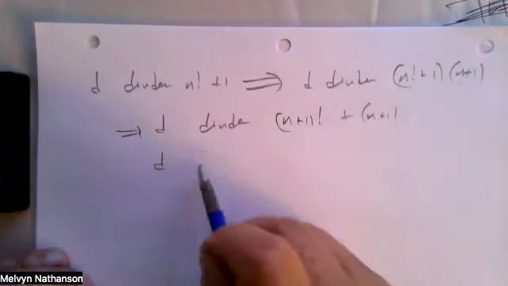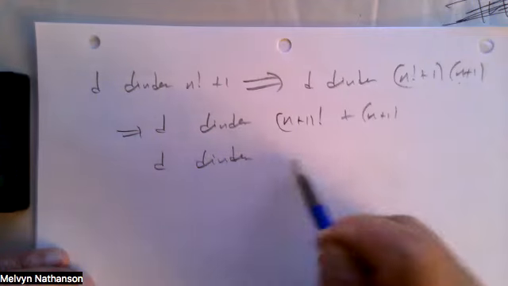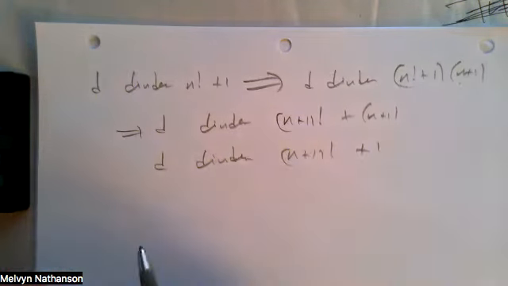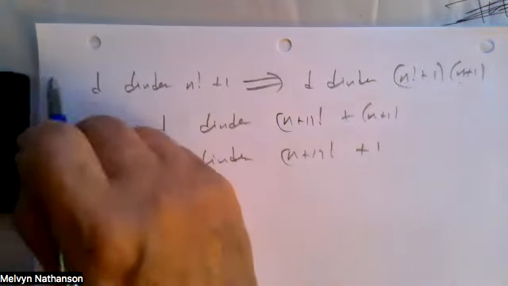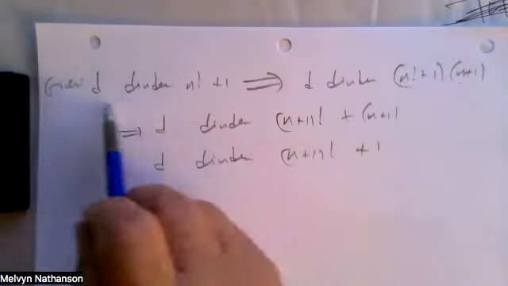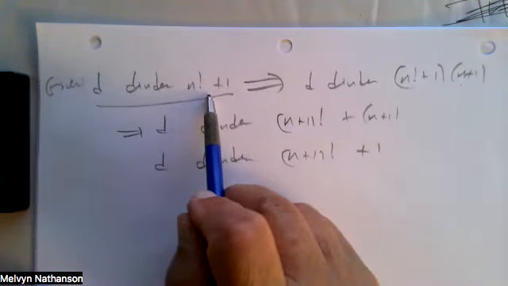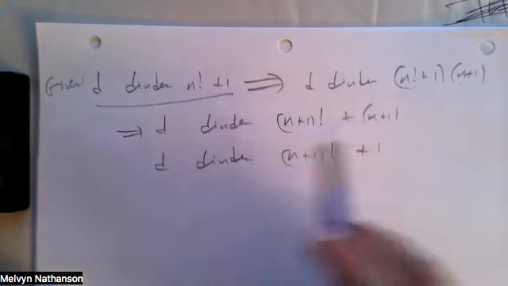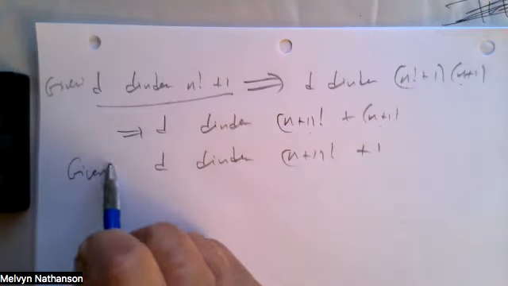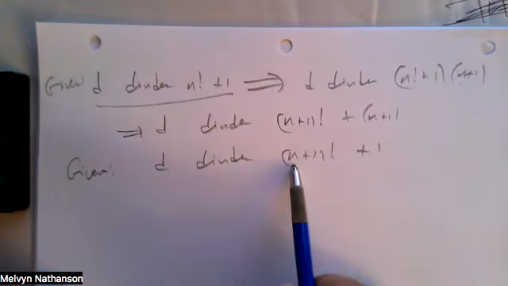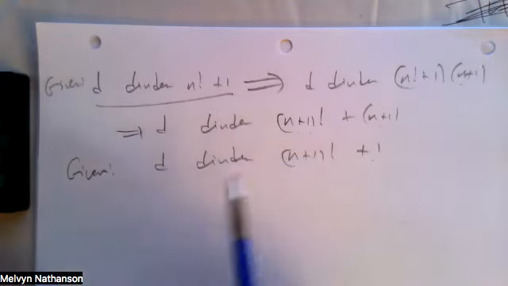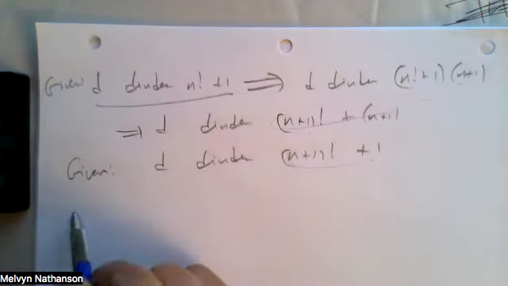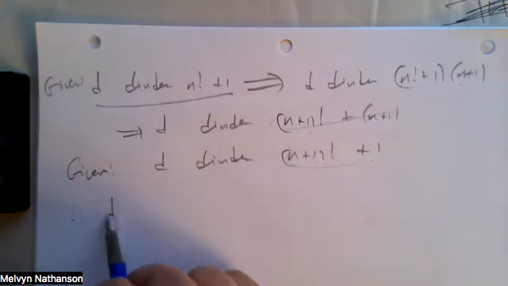But we also are told that D divides (n+1)! + 1. So this was given. D divides n! + 1, so it divides (n+1)! + n + 1. And it was also given that D divides (n+1)! + 1. So if D divides this number and this number, it divides their difference.